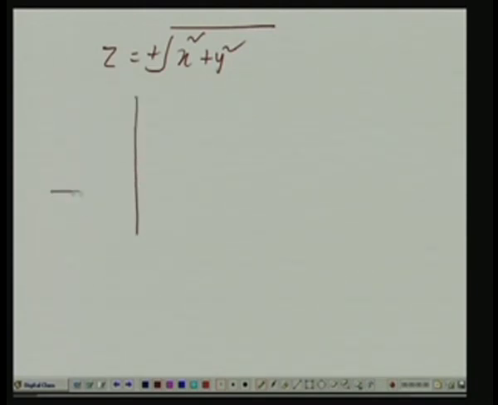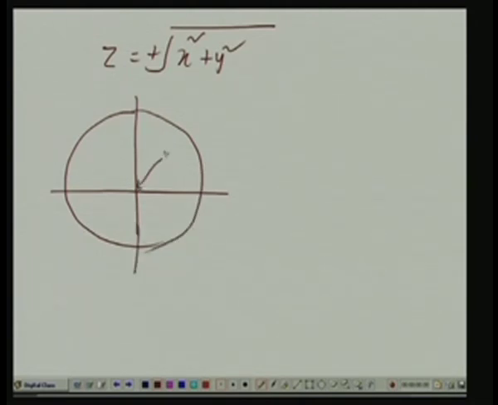That is, given any capital Z, take a circle of radius Z, and the probability of x y falling in this, that will be the probability distribution of Z. Okay. What is that going to be?